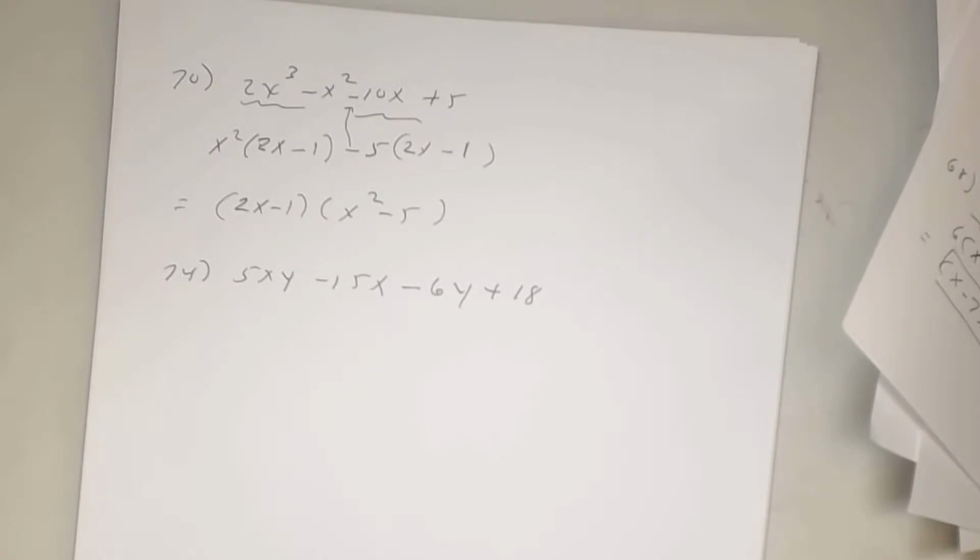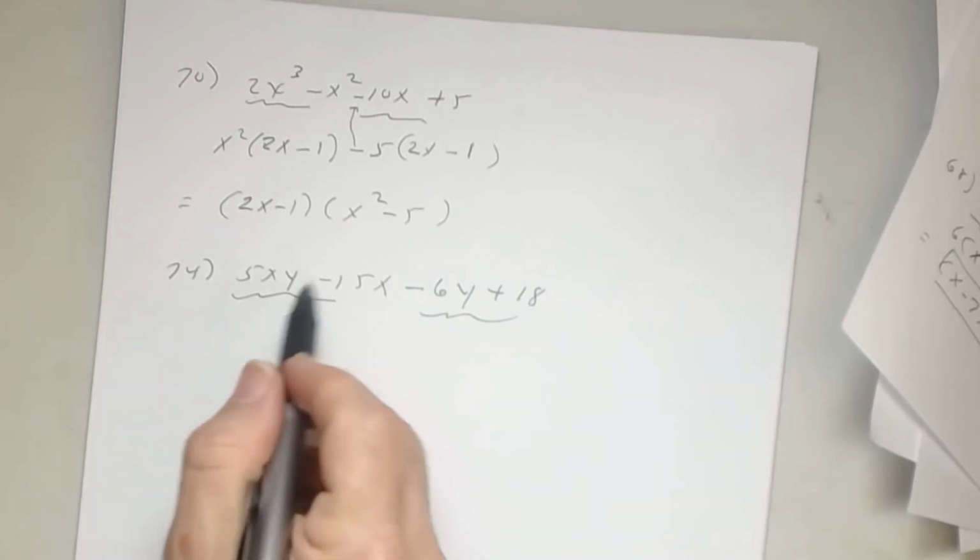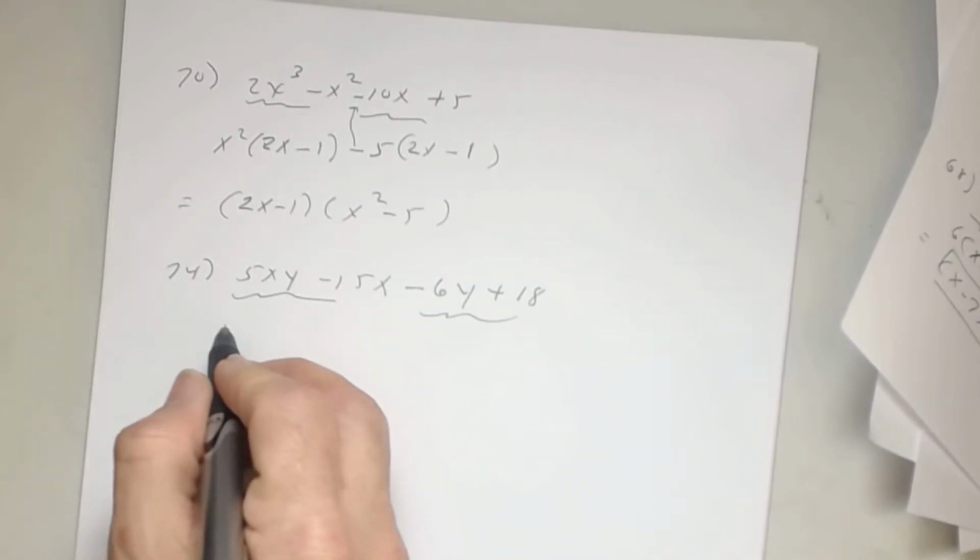All right. Always look at the GCF. What's the GCF of this polynomial? How many terms do you see? So what do you want to try? Grouping. What are you going to group? First two, last two. What's the GCF of the first two?